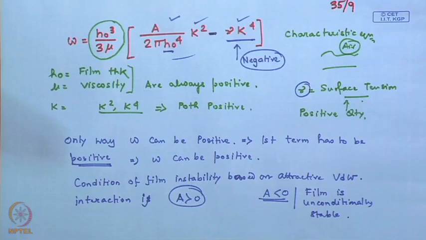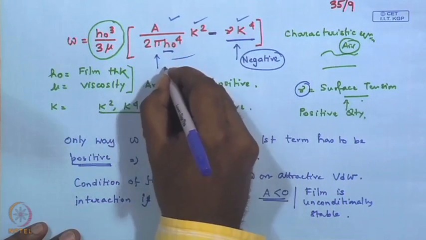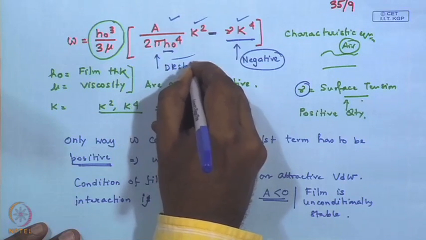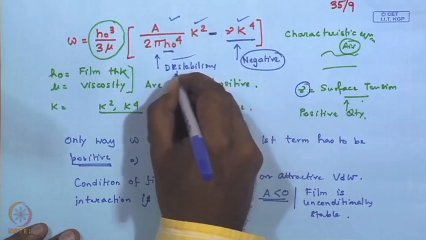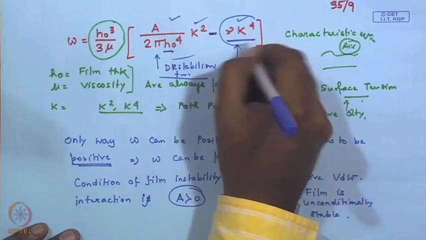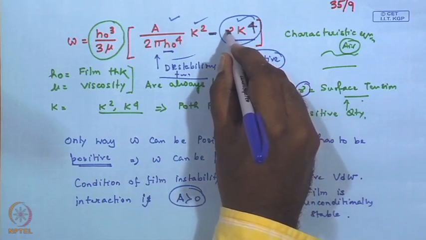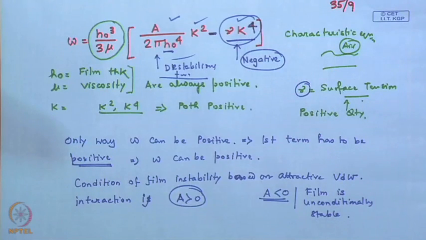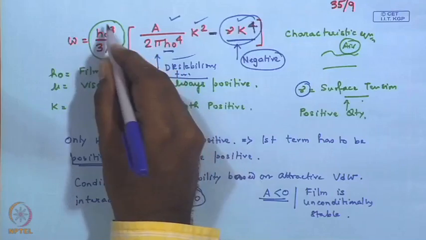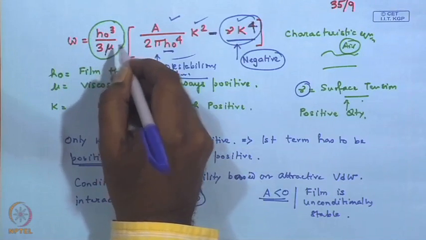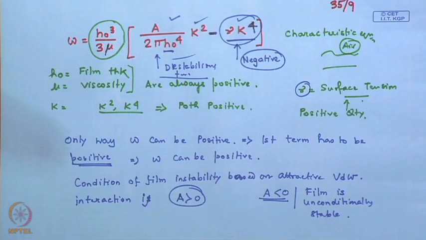Further, in this expression, this is the potential destabilizing term which arises from van der Waals interaction. This is the stabilizing term, and we have always argued that whenever you have a surface fluctuation, surface tension opposes the growth. Here you can see that the term with which surface tension is associated is the stabilizing term. Another thing is that in the prefactor, viscosity is in the denominator, which means that the higher the magnitude of mu, the lower the value of omega. But mu cannot influence the sign of omega.